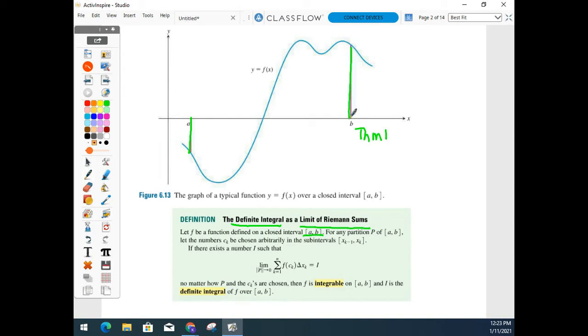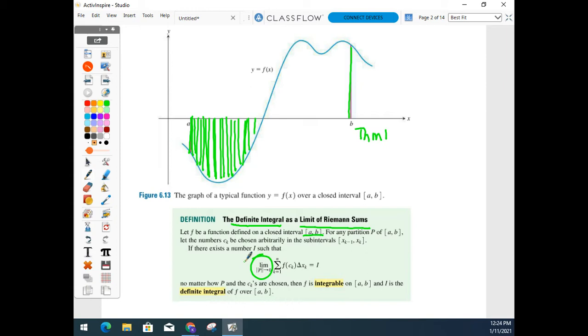What the integral ends up being, remember how we kept talking about dividing up into intervals? And we want to make as many intervals as we can. The more intervals you make, the more accurate it's going to be. Well, what we're going to do is take the limit, and the number of partitions we're going to send to 0.